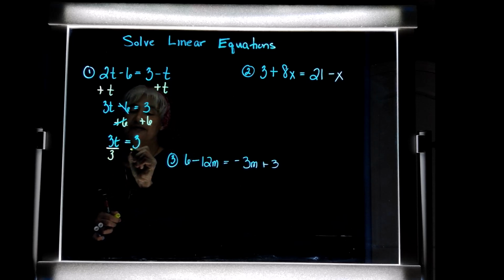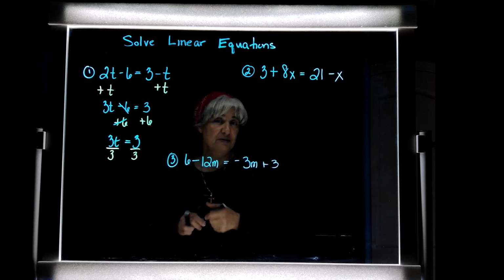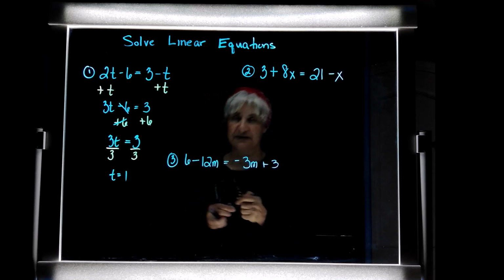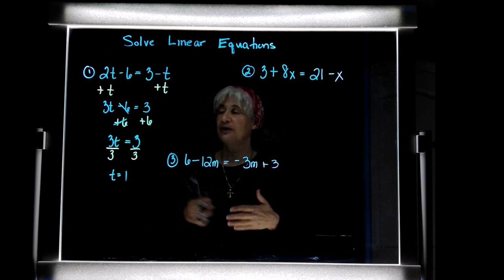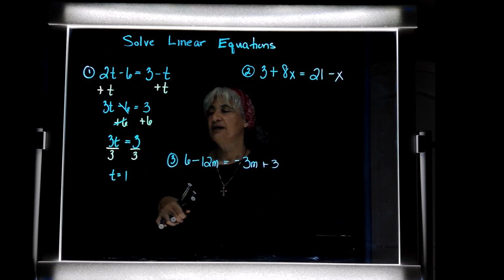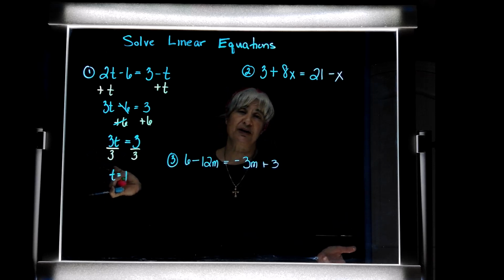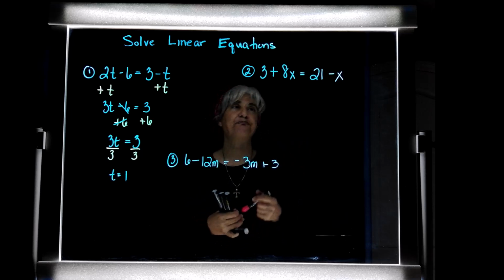So divide the left side and the right side of the equal to sign by 3, which gives me t equals 1. Excellent. Multiplication and division are usually the very last step of getting the variable by itself. Usually. If there is only a 1 in front of it, I don't have to do any multiplication or division, right? Okay, let's look at problem number 2.